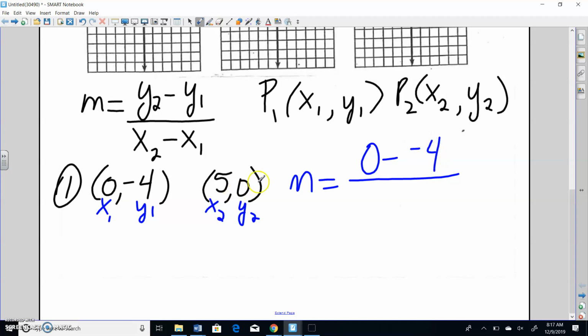So y2 is 0, y1 is a -4, y2 minus y1 would be 0 minus a -4. Now in the denominator we're going to take x2 minus x1. So x2 we've identified as the number 5 minus x1 is 0.